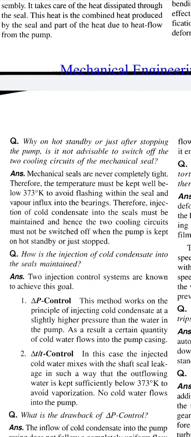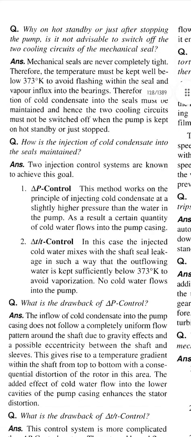Therefore, the temperature must be kept well below 373 Kelvin to avoid flashing within the seal and vapor influx into the bearings. Therefore, injection of cold condensate into the seals must be maintained, and hence the two cooling circuits must not be switched off when the pump is kept on hot standby or just stopped. So the cooling circuits must not be stopped.